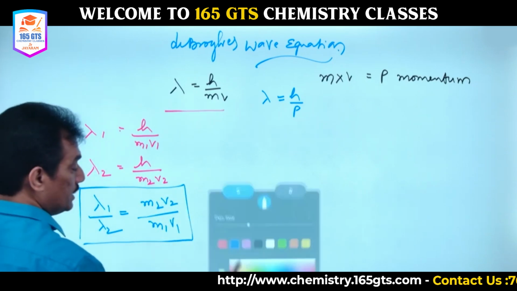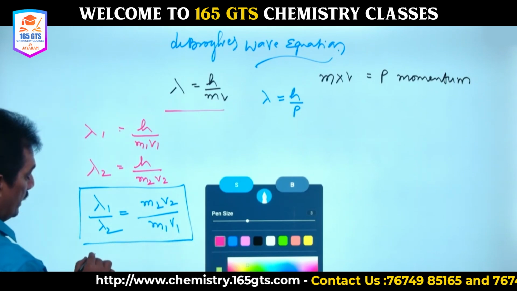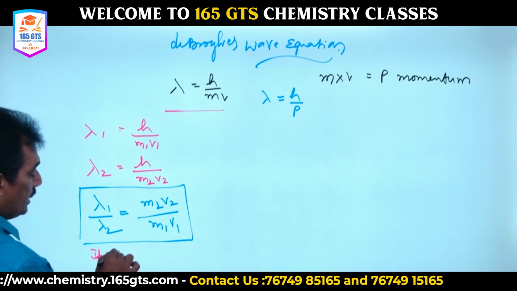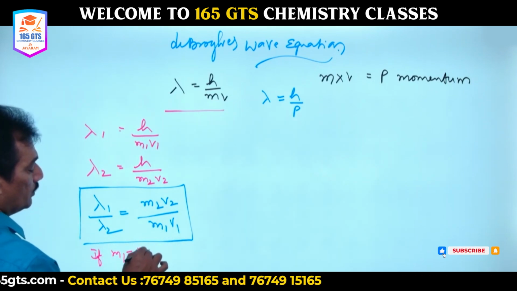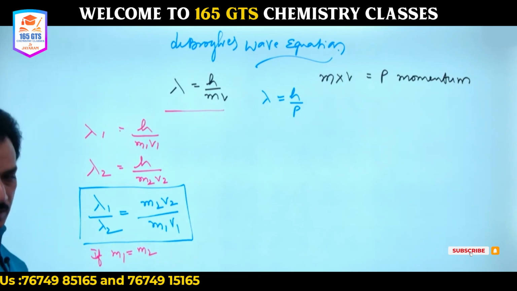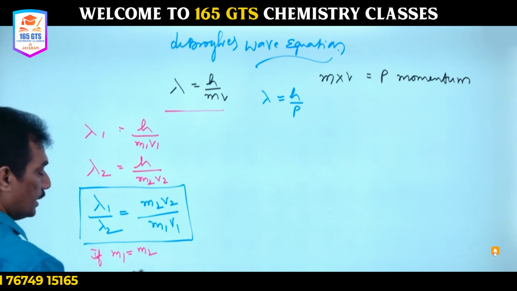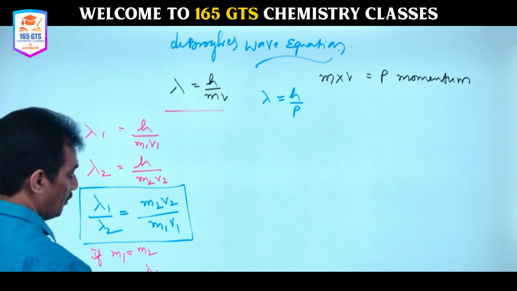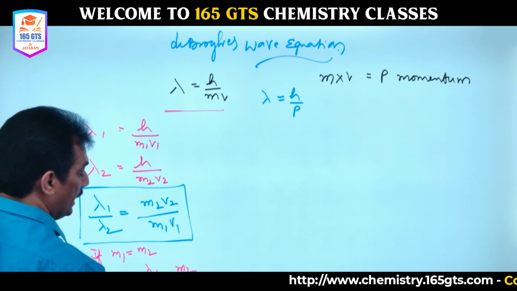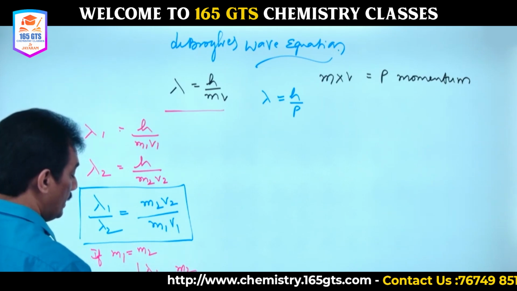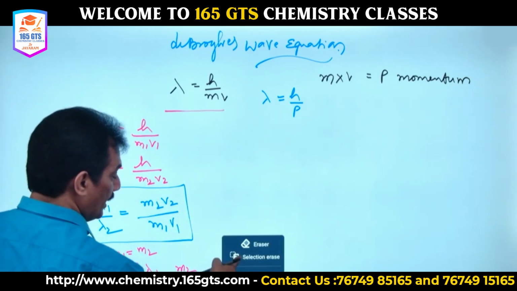And the other one is under different conditions. If m1 is equal to m2, that means the masses of the particles are the same, then how can we convert this? Lambda 1 by lambda 2 is equal to, sorry, not m2 by m1.